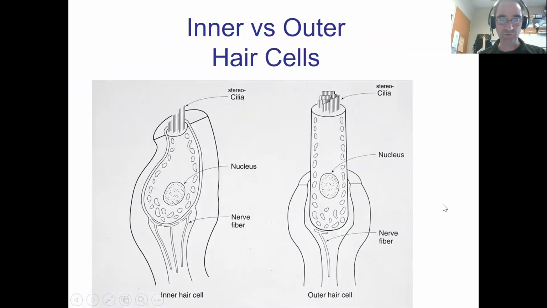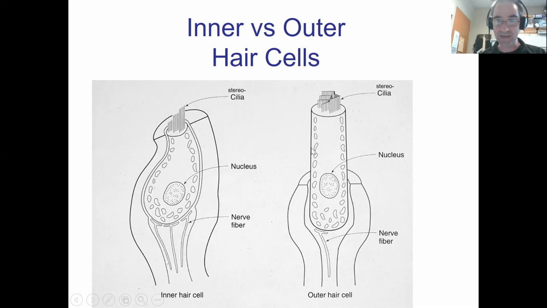If we look at some drawings here, we can see that these cells have different shapes. The inner hair cell has a more eggplant-like, bulbous shape, and it has more nerve fibers connected to it. These show where the nerve fibers are picking up. What they're going to pick up are neurotransmitters that are released by the inner hair cells in response to sound.